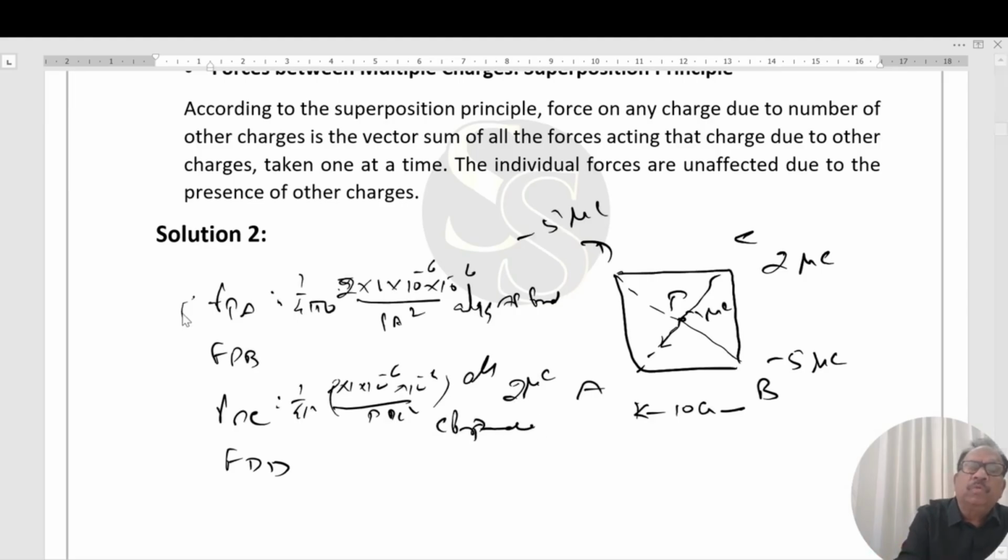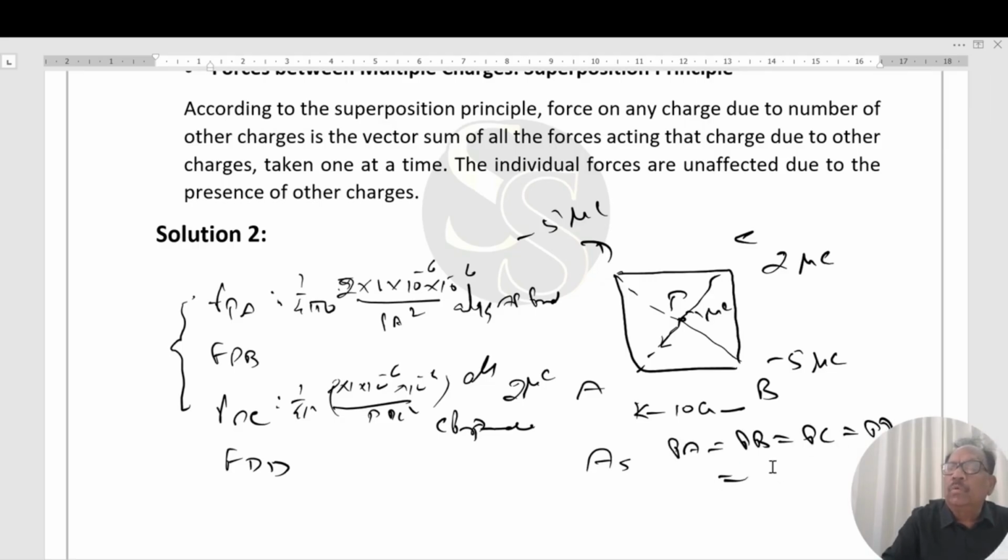These two forces are equal in magnitude but opposite in nature, as PA equals PB equals PC equals PD by geometry. Both are acting in the opposite direction.